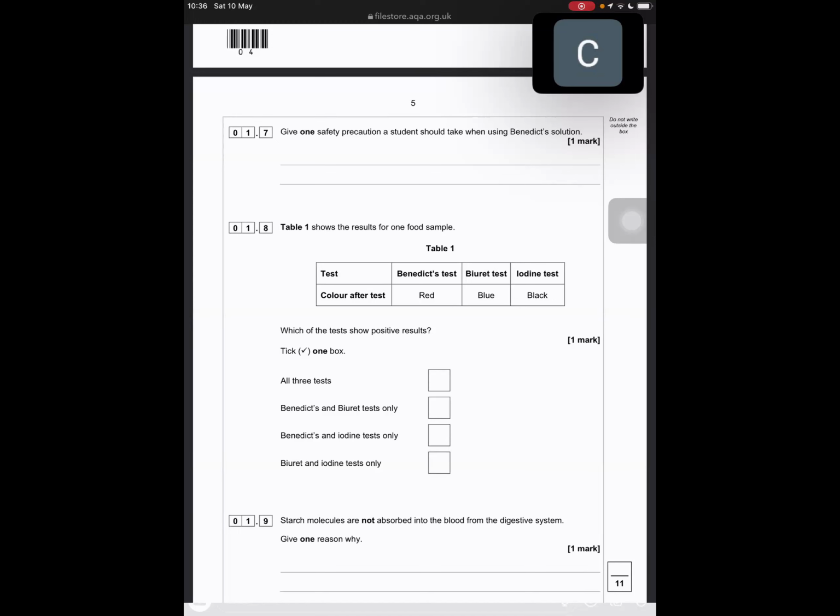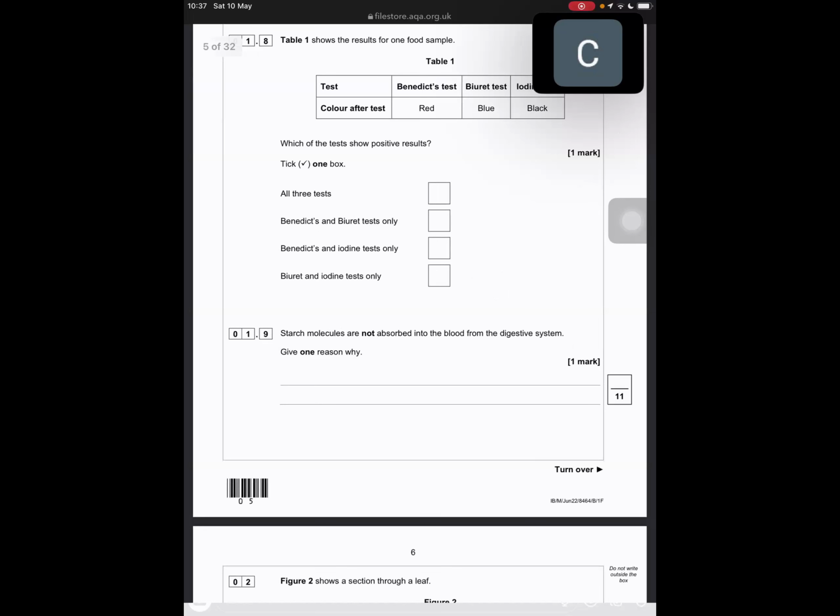The next question says starch molecules are not absorbed into the blood from the digestive system. Give one reason why. Well, it's quite obvious. Starch is a complex sugar. The blood will only be able to absorb glucose, the simplest form of sugar.